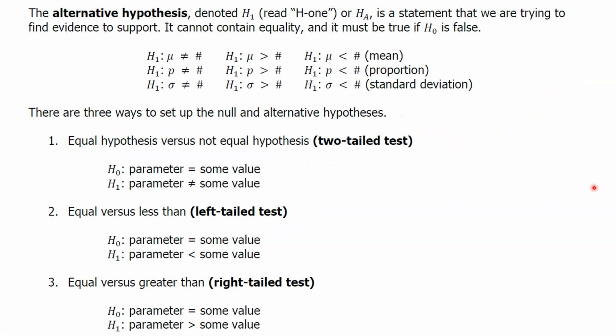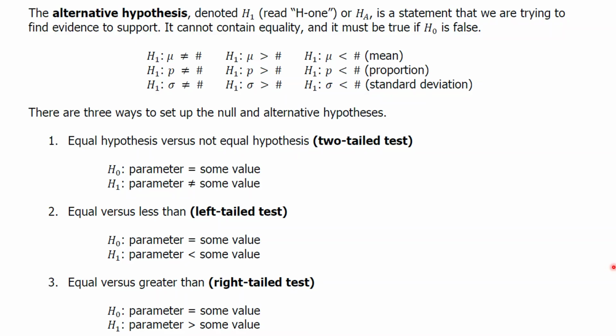Now, the alternate hypothesis, denoted H1 or HA, you can see it both ways, is a statement that we are trying to find evidence to support. It cannot contain equality, and it must be true if H naught is false.